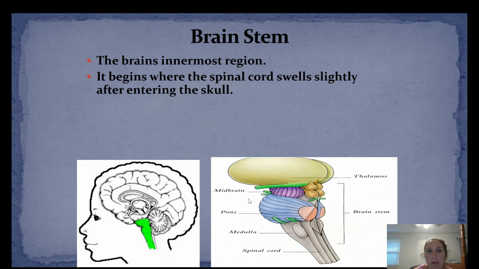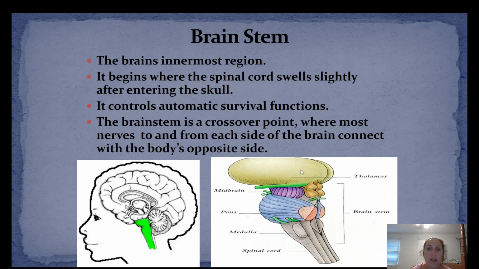So it is the innermost region. It begins where the spinal cord swells slightly. That's where the medulla is. So here's the spinal cord. Then you can see the swelling right here after it enters the skull. And then you have your pons, your midbrain, your thalamus. It controls automatic survival functions, okay?